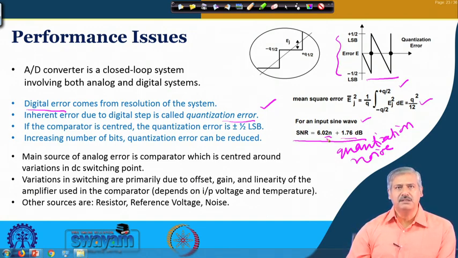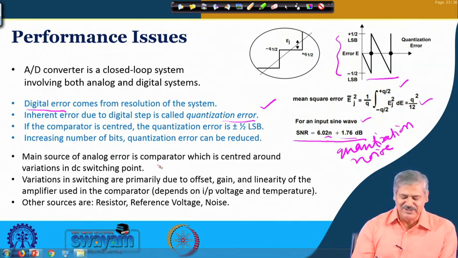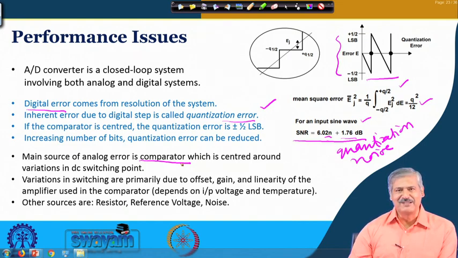The other thing that is important here is the analog part of the error, for which the main source is the comparator, the switching that is taking place, and we have seen the various things from the comparator. We go to the counter and various other places where the actual count is happening.